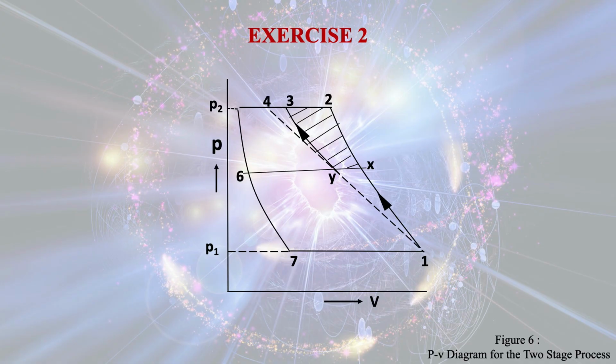Now you see, this is the diagram for performing the compression operations in two stages. What is happening here is that the compression work goes from 1 to X, and X to Y is the cooling of the gas, so that after first stage compression the temperature of the compressed gas will come down to the initial temperature T1.